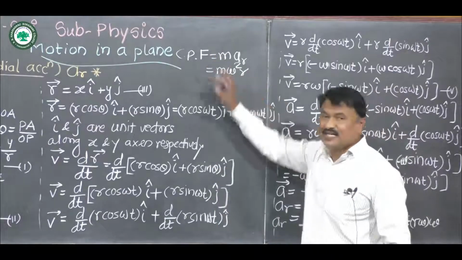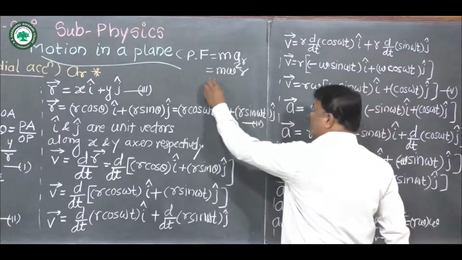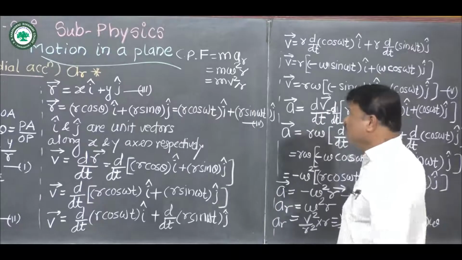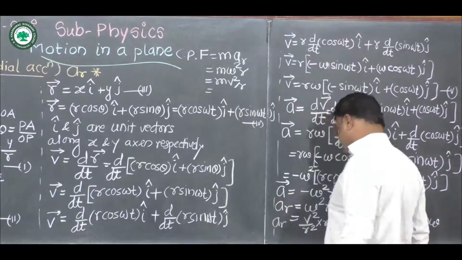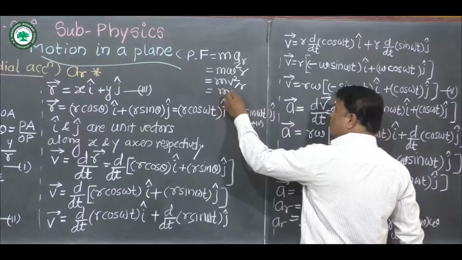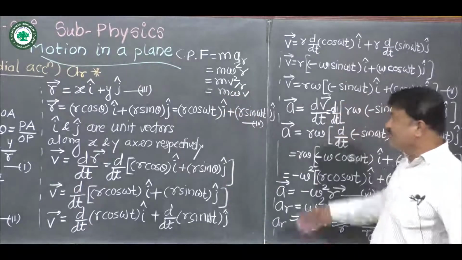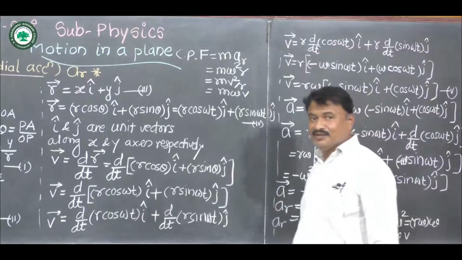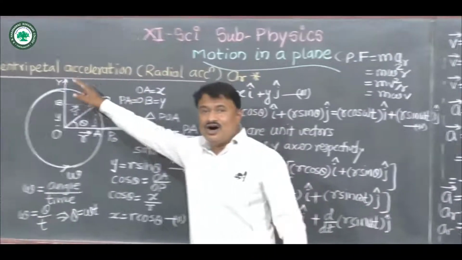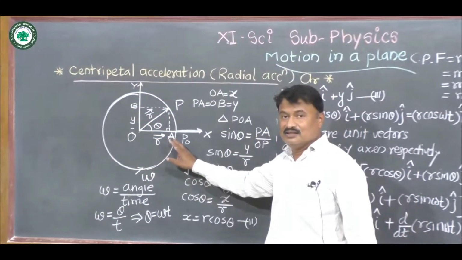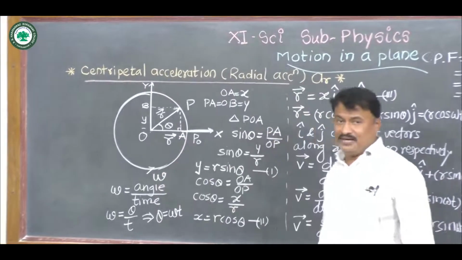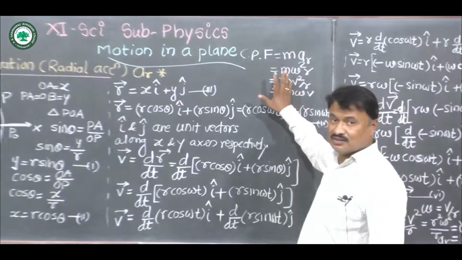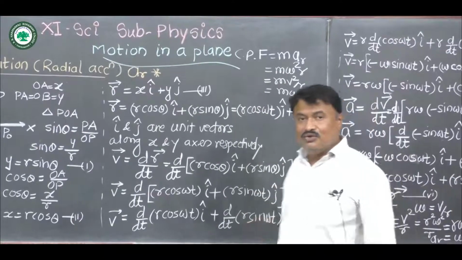So this is the magnitude of centripetal force. Also this centripetal force is equal to m v square upon r. And the same centripetal force can be written as m omega into v. So these are the different forms of centripetal force acting on a particle revolving along the circumference of a circle with constant angular speed omega. So this is about the centripetal force or radial force. And now we stop here.